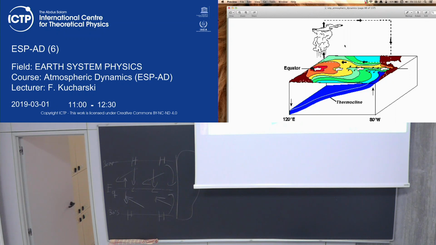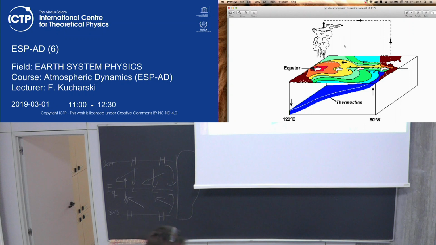So that's the situation. And now it's intuitively clear that perhaps sometimes this breaks down and the Eastern Pacific gets warm, potentially as warm as to make the whole surface have more or less the same temperature.